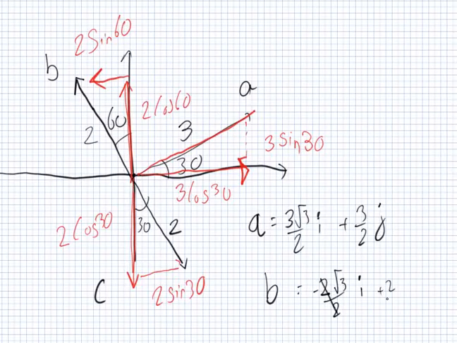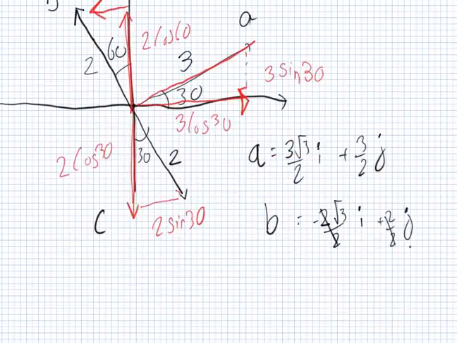So it's 2 times a half, so that's just a 1. And then the last one down here is C, which will be 2 sine 30. Sine 30 is a half, so that's 2 over 2, so that's 1. Then minus, because it's going down, 2 cos 30, which is 2 root 3 over 2, so they cancel, j.